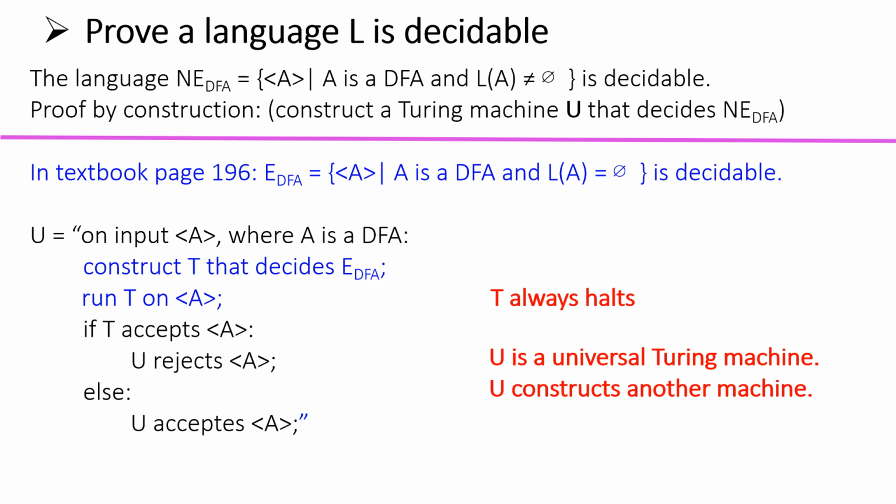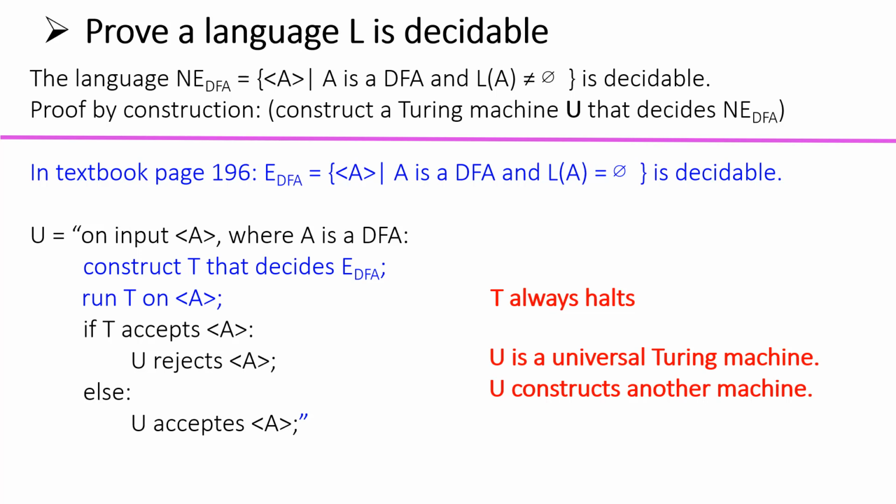If no such details are given in the textbook or in the class notes, then you need to specify the details of how you construct a machine here. After I have constructed T, I run it on A. If T accepts A, then that means LA is empty. So you should reject A. Otherwise, LA is not empty, and you should accept A.